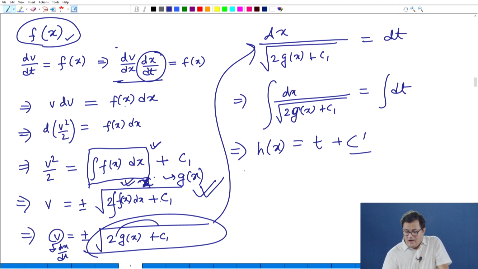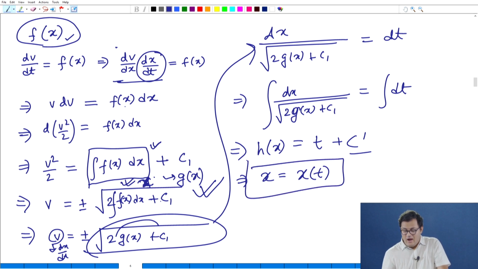Then, if the inversion is possible, you can invert, and finally you can get x as a function of t. All these possibilities are here, and you see that even if you follow a specific possibility, it is not guaranteed that you can always come out with an elegant solution like x of t. All these conditions are also to be satisfied.